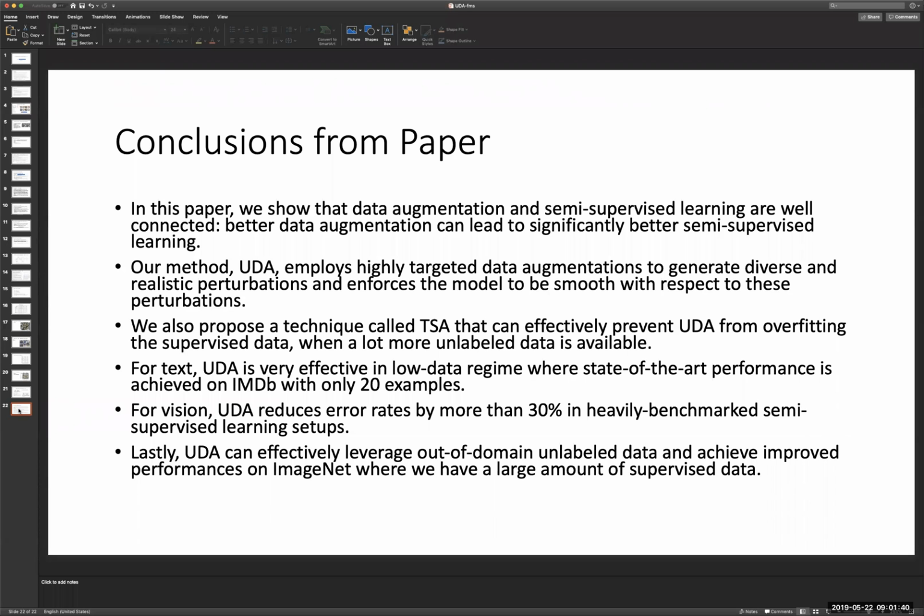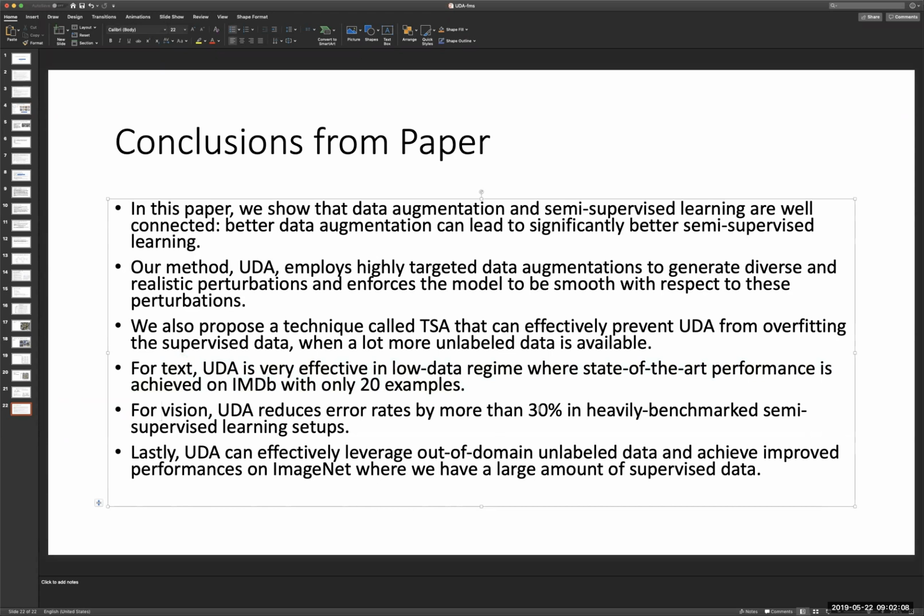For text data, UDA is very effective in the low data regime, where state-of-the-art performance is achieved on IMDb with only 20 examples. So that is, I think, very impressive. For vision, UDA reduces error rates by more than 30% in the heavily benchmarked semi-supervised learning setups.